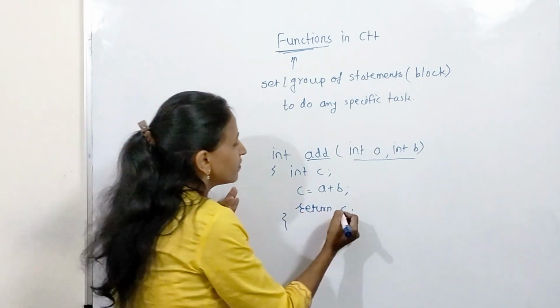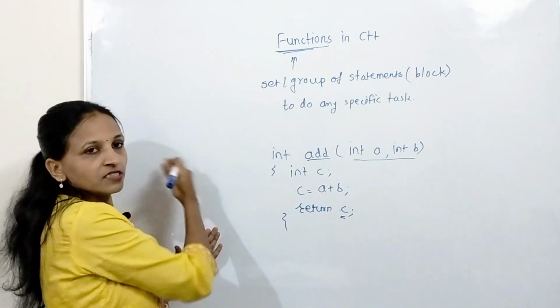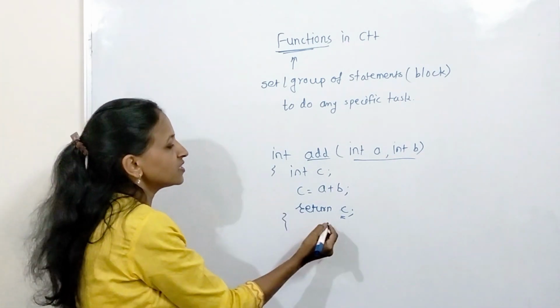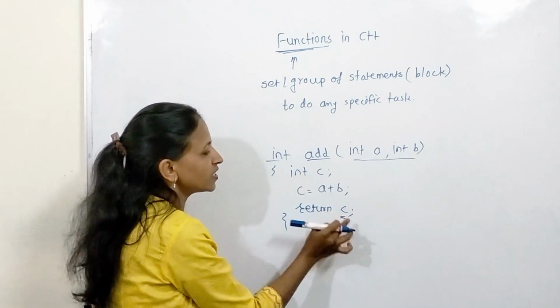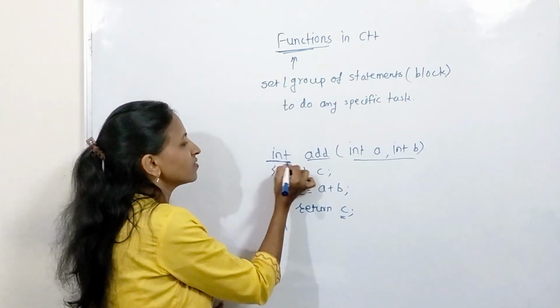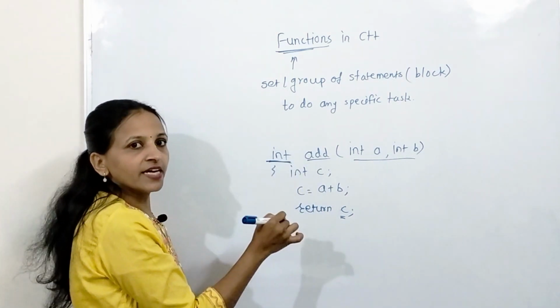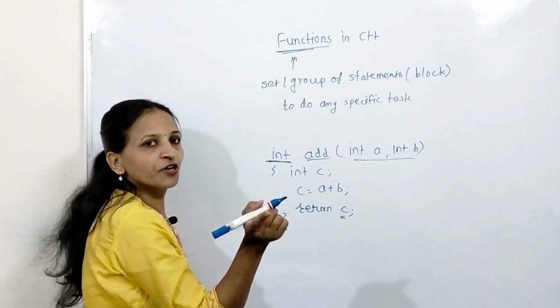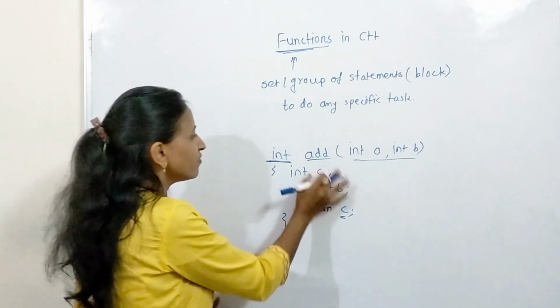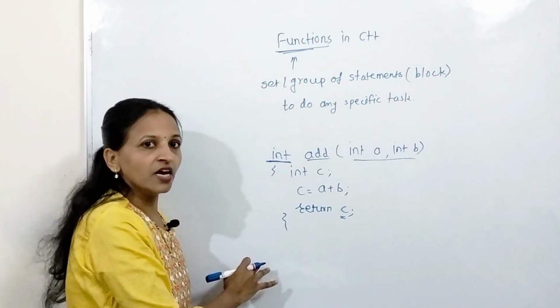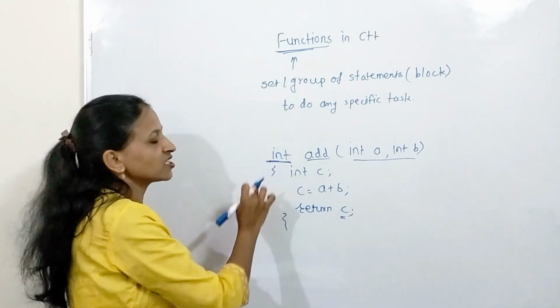Getting? And whatever calculated value I can return from that function outside, its data type I have mentioned over here. See, c has integer data type, so here I am writing int, and this indicates that from this function I am going to return one integer value outside, and wherever we are calling that function, there we have to catch that value.